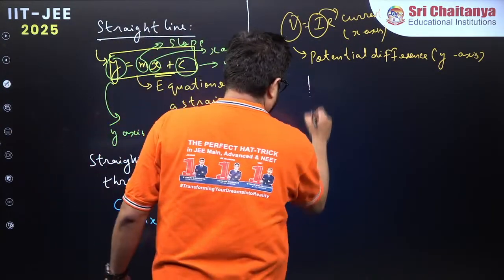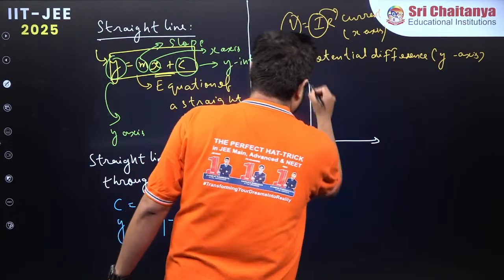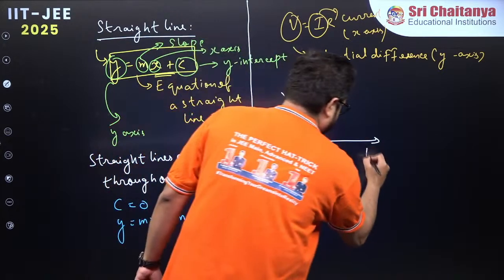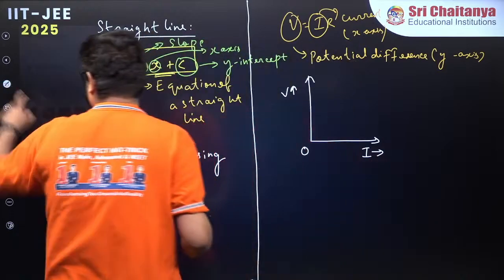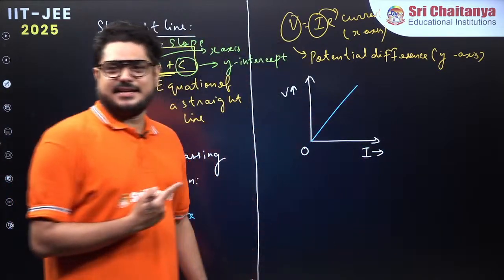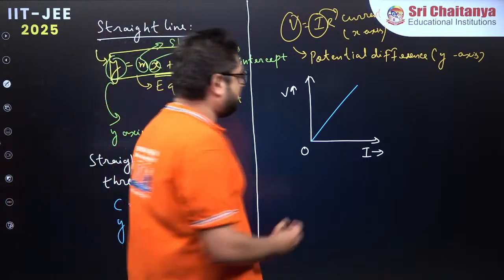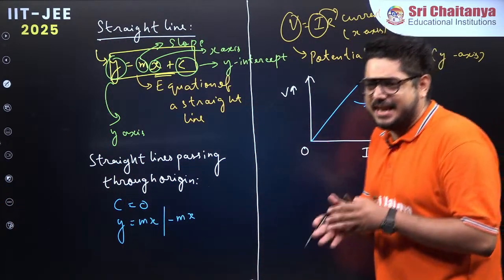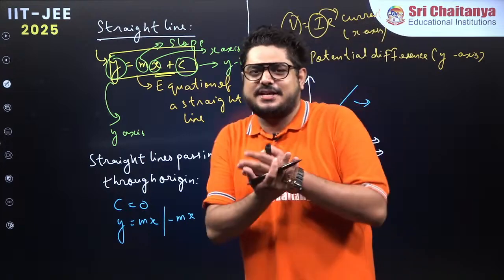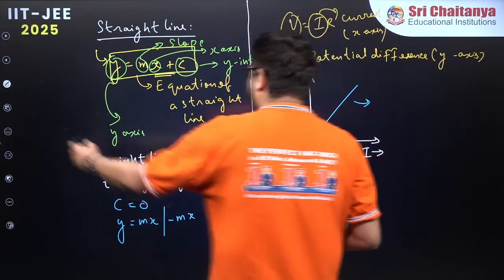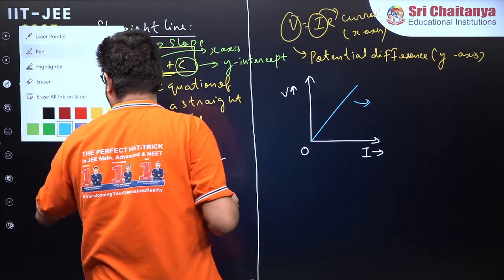R. So if I plot V versus I, potential difference along the y-axis and the current along the x-axis, I will be getting a straight line passing through the origin like this, isn't it? So this straight line is not having any intercept. You can see that this straight line is not having any y-intercept because it's passing through the origin. And what is the slope?